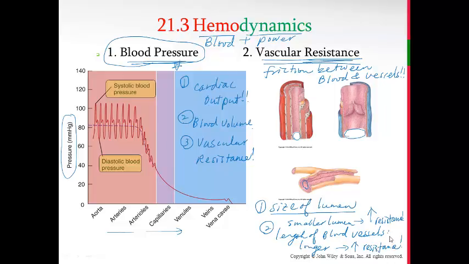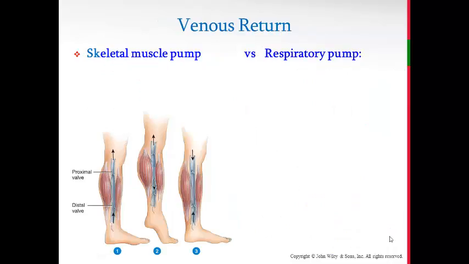Now let's take a look at how blood is pumped back from the veins and venules all the way to the heart. We call it venous return. Our veins are a little different from the arteries. They have less elastic tissue to help with contraction of the blood vessels, so they need extra help.